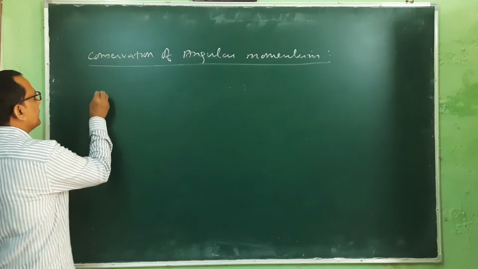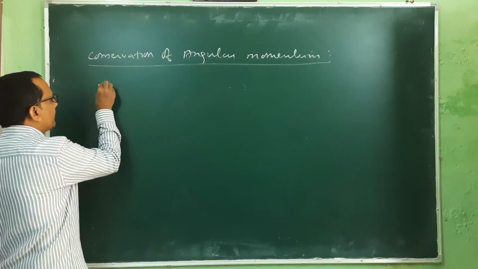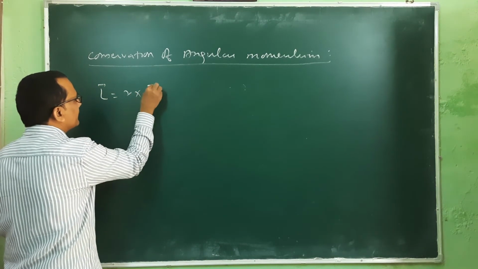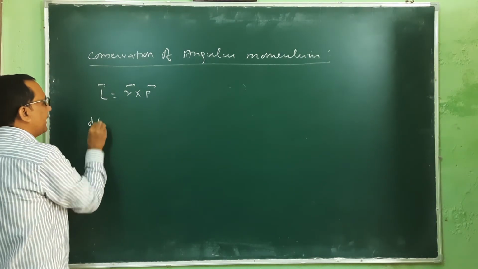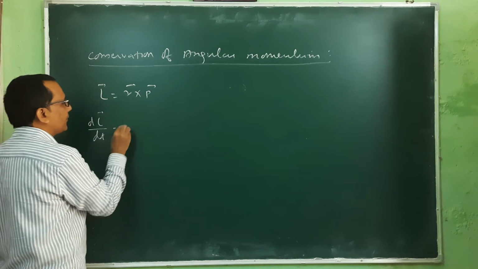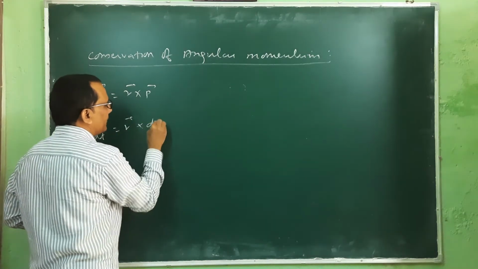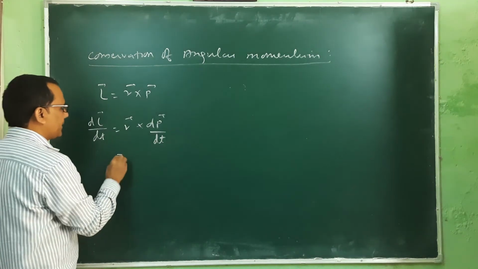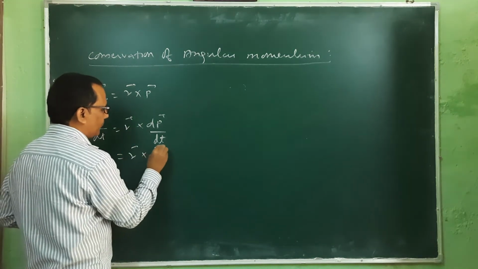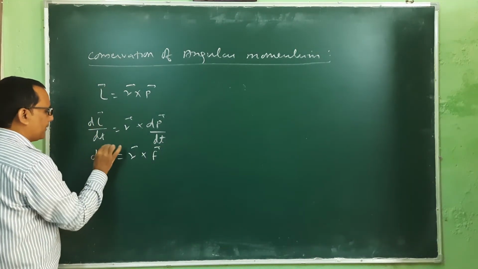That angular momentum L is equivalent to R cross P, and then dL by dt is equivalent to R cross dP by dt, and this dP by dt is nothing but the force from Newton's second law of motion.